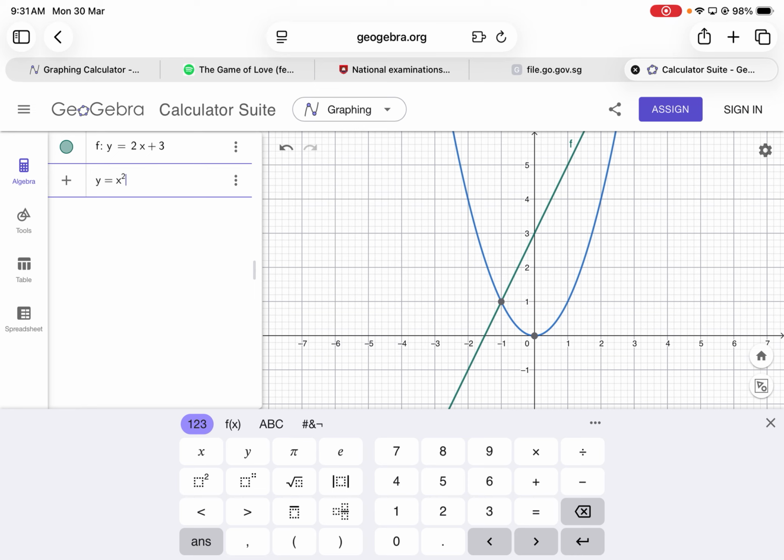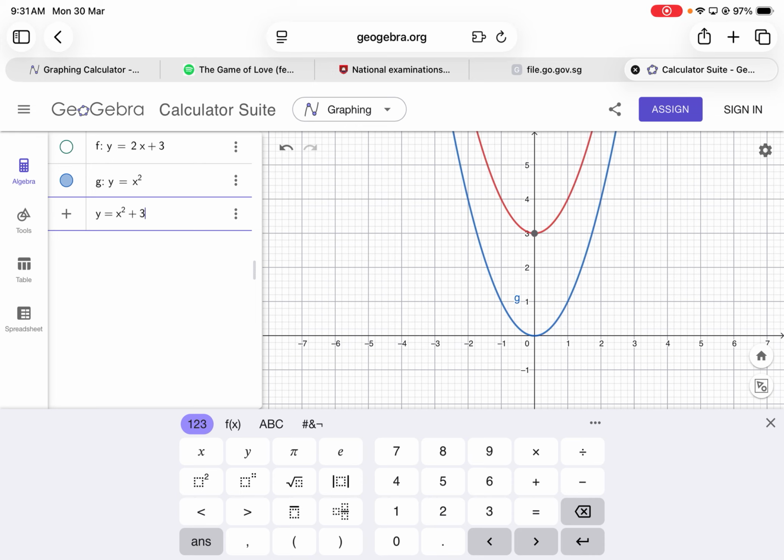Then you can click on the plus again, expression. I click this button, then the straight line disappears. This one is blue color, so it is telling me this curve is blue. So now, I click another one. I do y equals x squared plus 3.